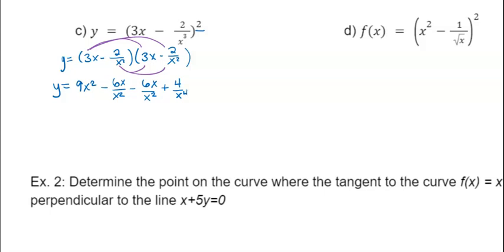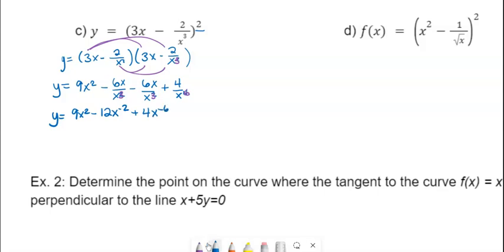I'm sorry, I just realized I made a mistake here. This is actually a 3 and I've used it as a 2 here. So I'm going to fix that. So this is actually supposed to be a 3, and it's a 6 because these are 3s here. And I just wrote it wrong. Okay, let's clean that up. 9x squared, I'm going to have minus 12x to the negative 2 and 4x to the negative 6.